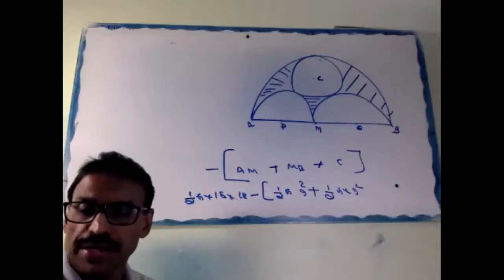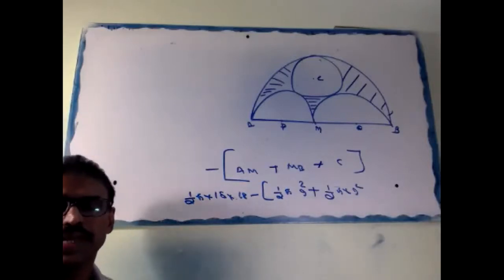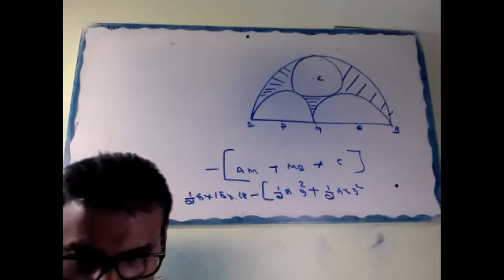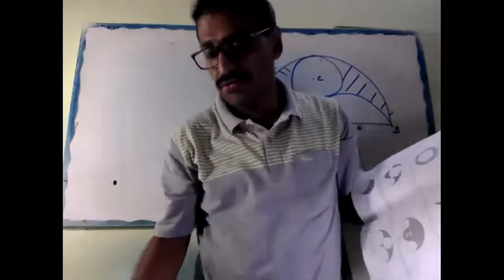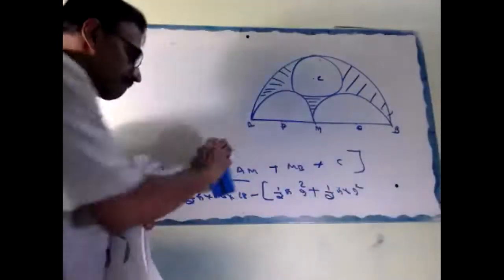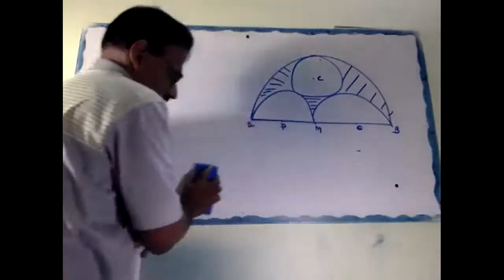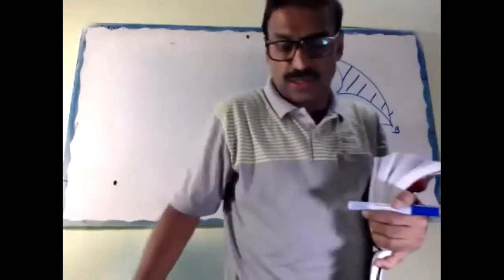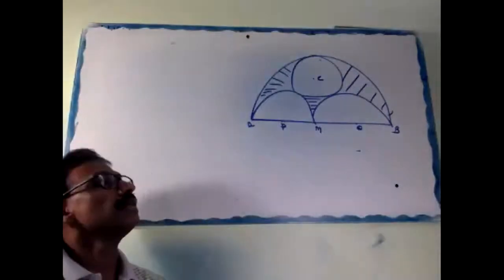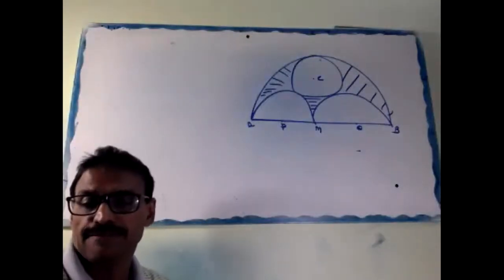Now, area of the circle with center C. How to find out that radius? Okay, don't write. How to find the radius? Any idea? How to find the radius of the circle with center C?